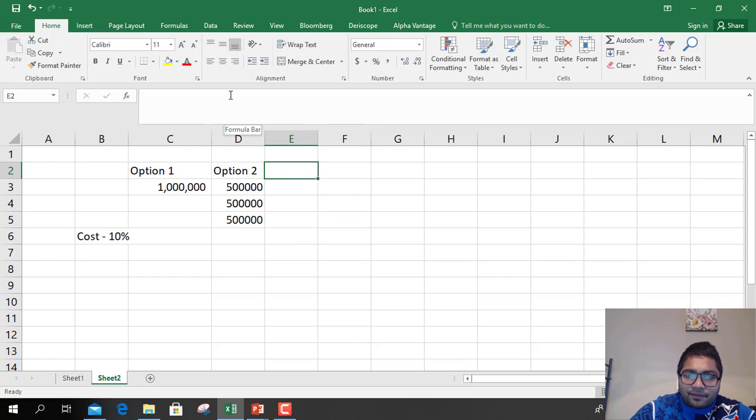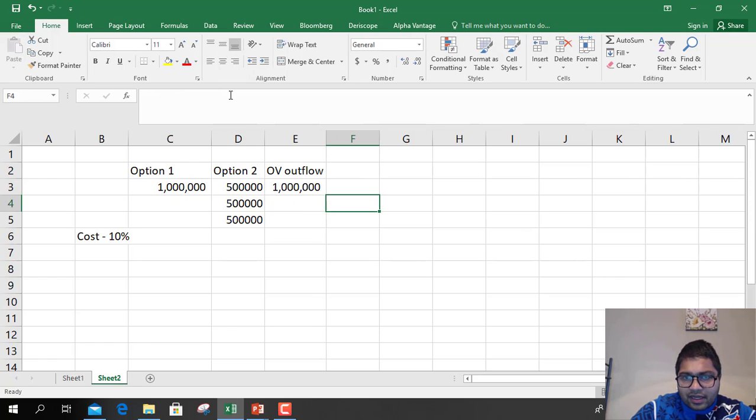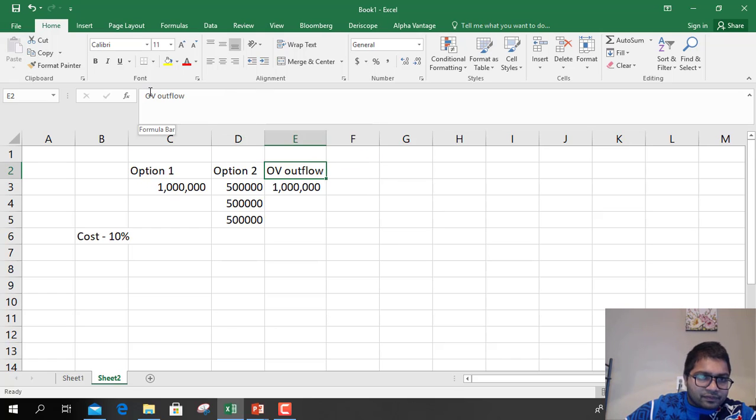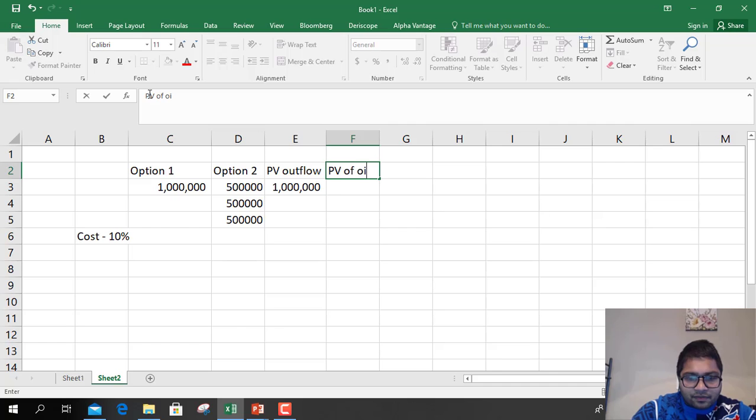So let's calculate NPV first. NPV is outflow, so find out the PV of outflow. Let's say $1 million is the outflow, and find out PV of inflows.